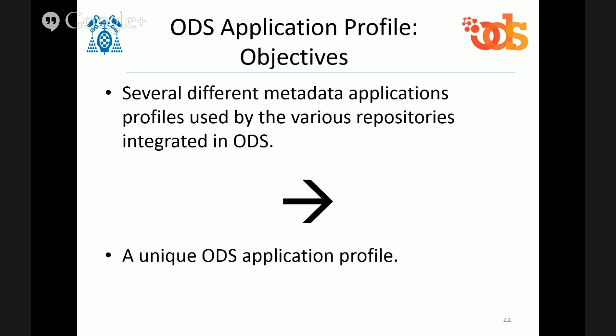For instance, Organic EduNet is one of the repositories integrated in ODS. And as I have just told you, Organic EduNet uses an application profile which is called the Organic EduNet application profile. Okay, and we need to integrate all the metadata application profiles used by the different repositories in ODS. So what we need is a unique ODS application profile.